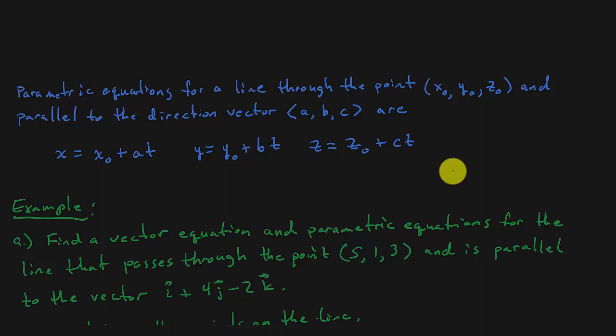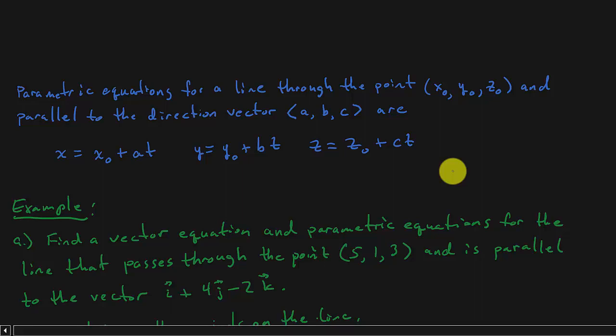So what does that tell us? That when we're dealing with the equation of a line, or we're looking for the equation of a line, we need a point on the line, and we need a direction vector that's parallel to the line.